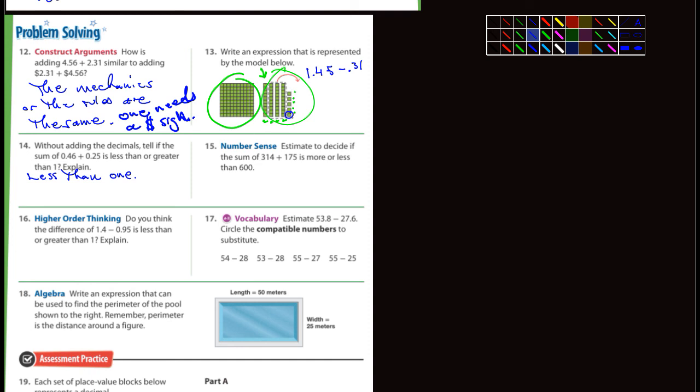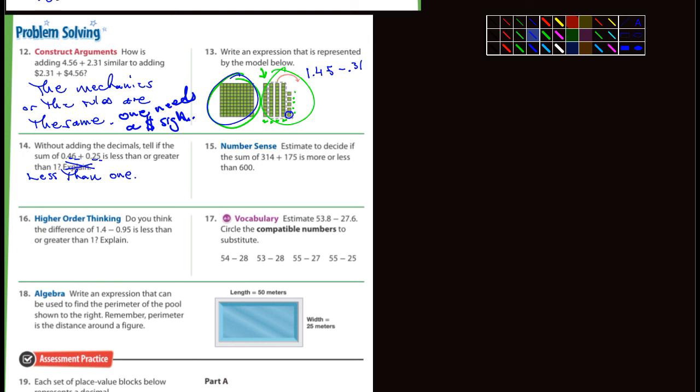Well, I suppose they're probably looking for something to do with using a model. So if you added a model of 0.46 and 0.25, you will end up with less than a whole 1. You'd have 4 rows and 2 rows, and then 6 individual ones and 5 individual ones. All right, less than 1. I'm not going to worry about you having to explain that.